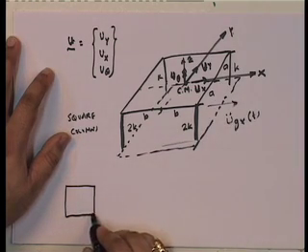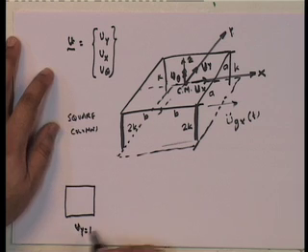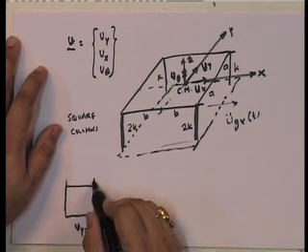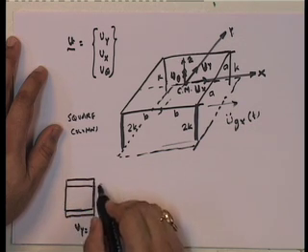So, if I look at it in plan and I give V y equals 1, what happens? This goes this way 1. Okay.